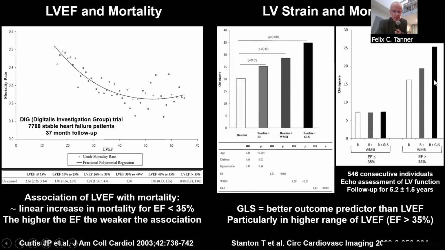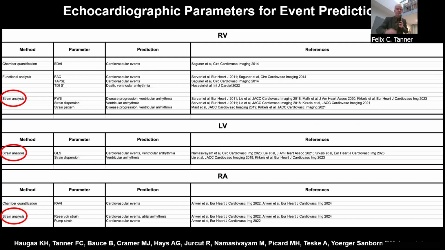And the strain that's kind of complementary, this is particularly useful for outcome associations, for predictions above an ejection fraction of 35%. Why? Because this longitudinal deformation of the ventricle gets lost first before the transversal deformation gets lost. So this is complementary, this is nice.